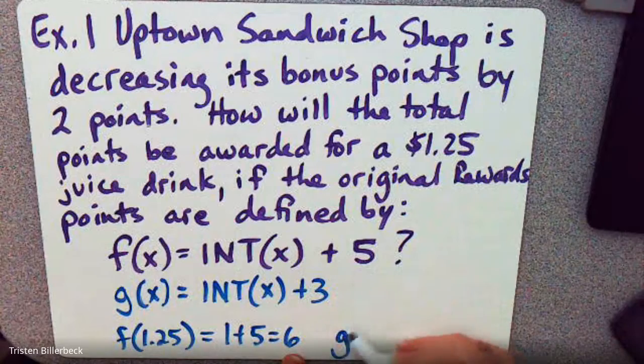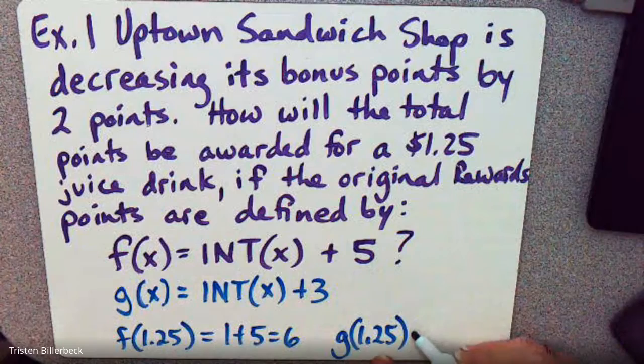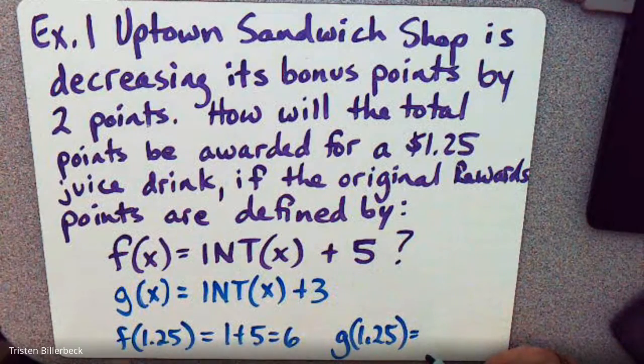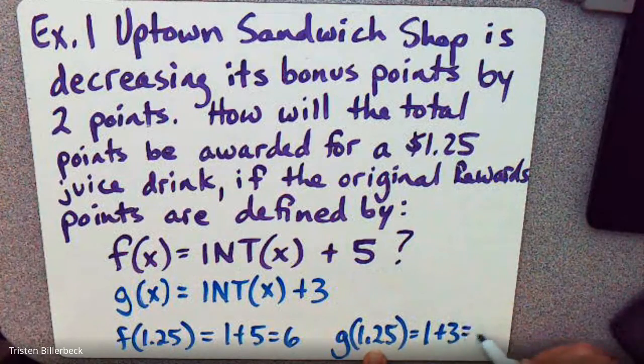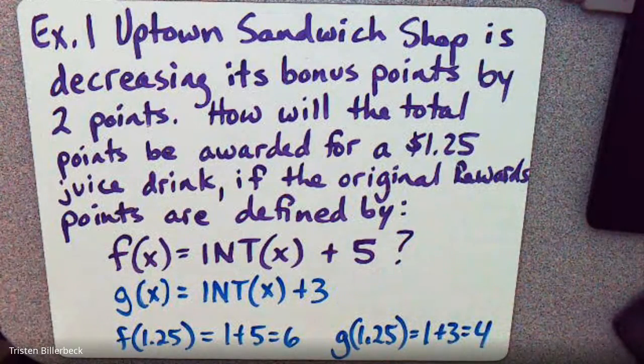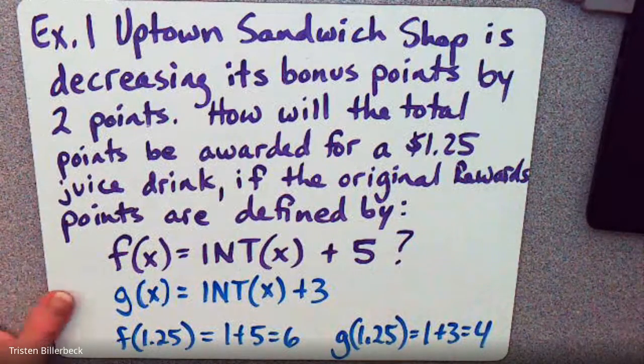But if we had g of 1.25, this one would be rounded down to 1, plus 3, would just be 4 reward points. So you can see how rounding down gets you a little bit more profit there. That's why it's used more in business situations. All right, so if you ever wanted to know why there's a floor function, there you go.